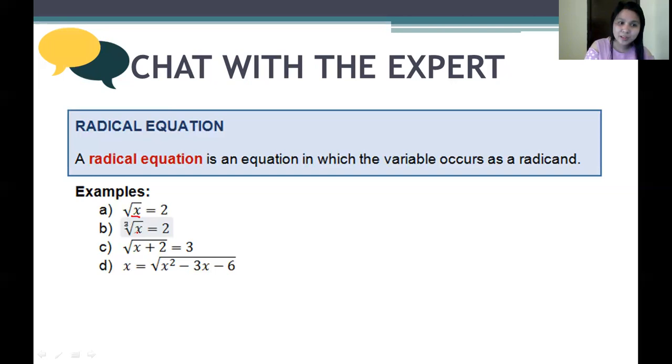The second one, the radicand is still x. For the third, the radicand is x plus 2. In the last one, the radicand is x squared minus 3x minus 6. You see, there are variables in your radicand plus an equal sign. So we call these radical equations.